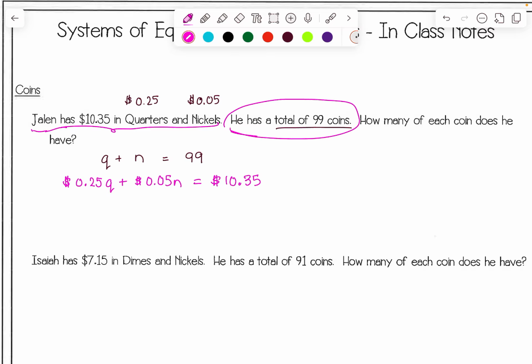I'm going to use the substitution method to solve. Okay, so if I take this guy and solve for n, that means I subtract q from both sides. So n is equal to 99 minus q.